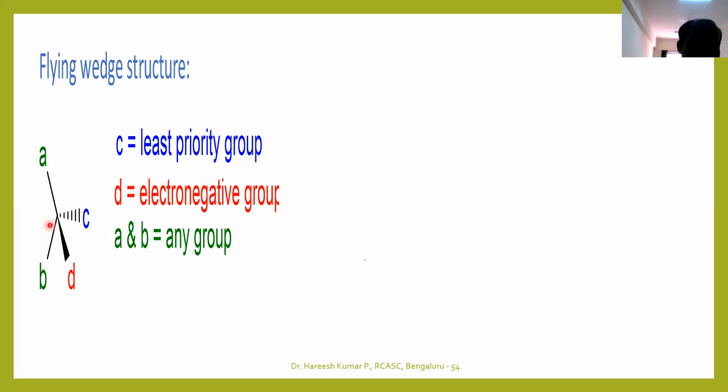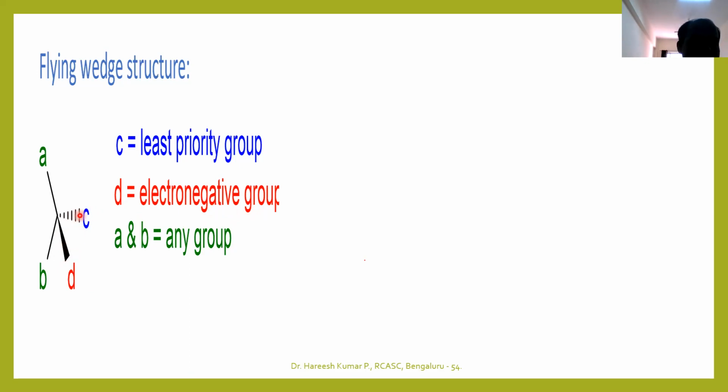That means this is the wedge representation, and wedge means towards the observer. And towards the observer should occupy the electronegative group. Electronegative means oxygen, bromine, chlorine, something like that. Electronegative groups can occupy the wedge one.